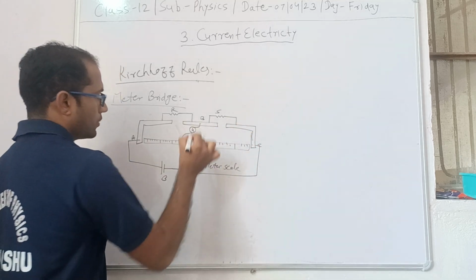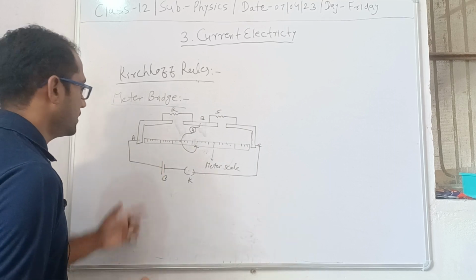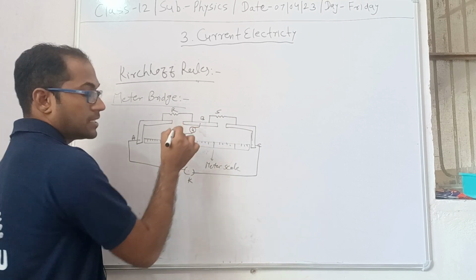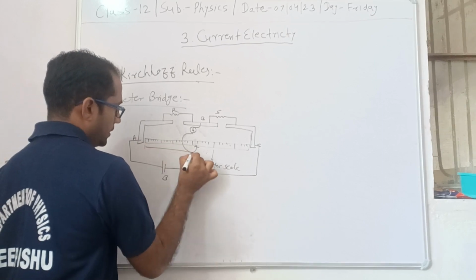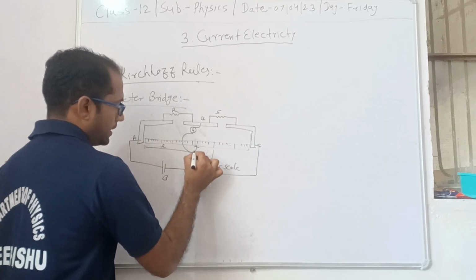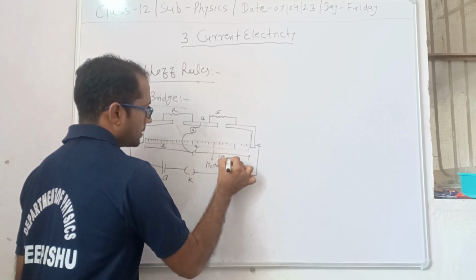This is the galvanometer. In this circuit, if current flows, the galvanometer shows a deflection at the point of length L, and the remaining length is 100 minus L.